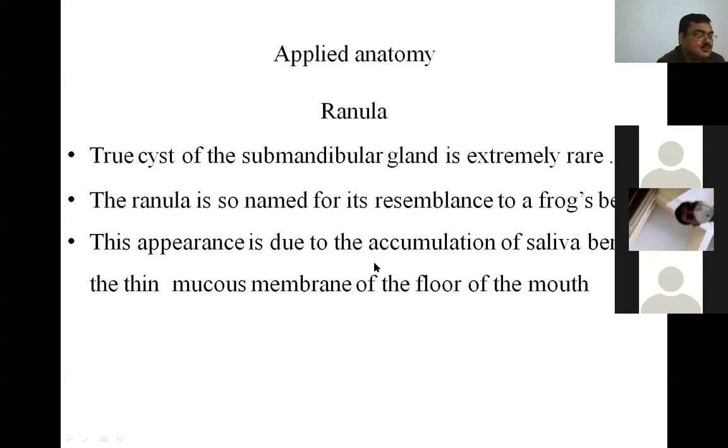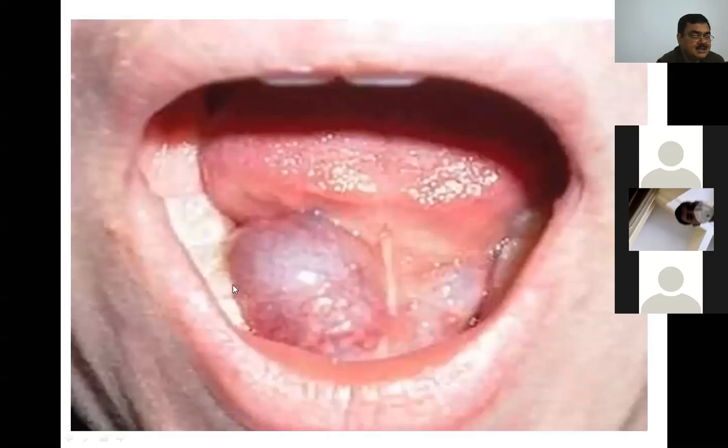This appearance is due to the accumulation of saliva beneath the thin mucous membrane of the floor of the mouth. Here you can see, this is the ranula. This is the mouth opening, here the tongue, and here this is the ranula.